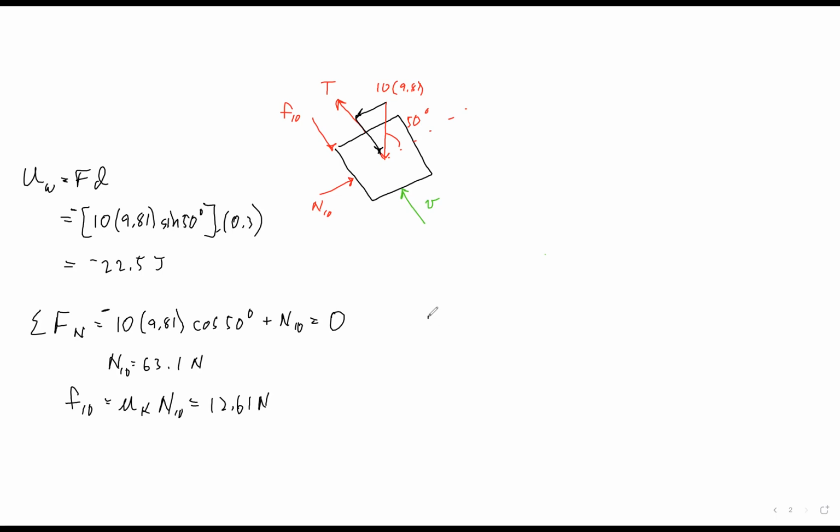The work done by the friction force of the 10 kilogram block is equal to the friction force times the distance traveled. And that'll be 12.61 newtons times 0.3. But the force is acting in the opposite direction of the motion. So therefore, we're going to end up with negative, and the answer will be negative 3.78 joules.